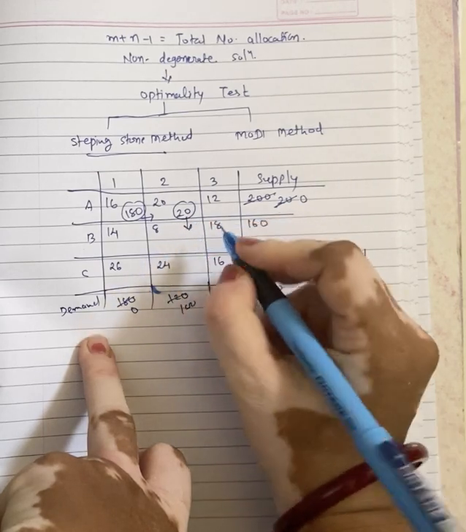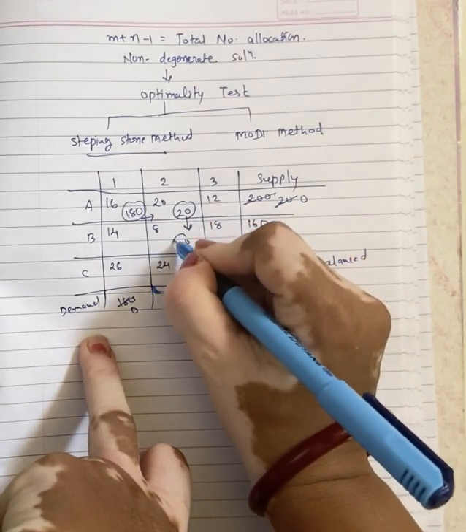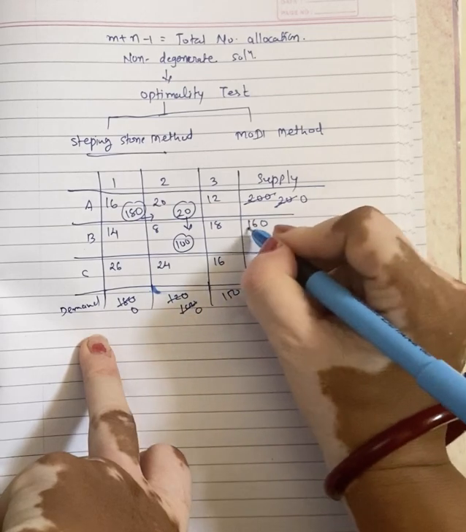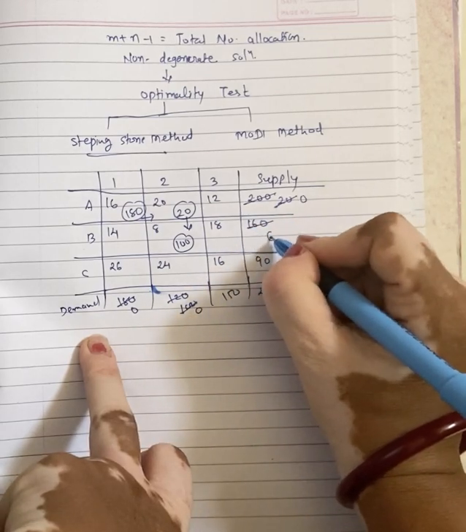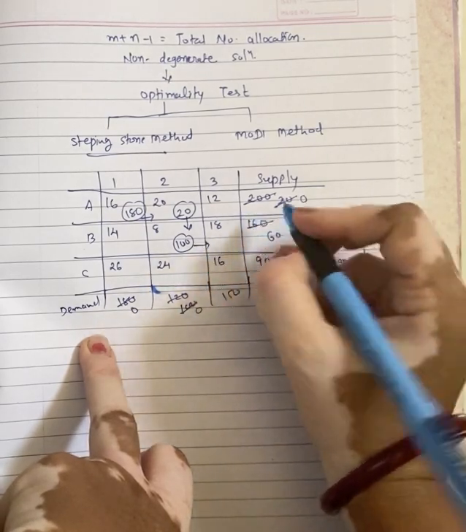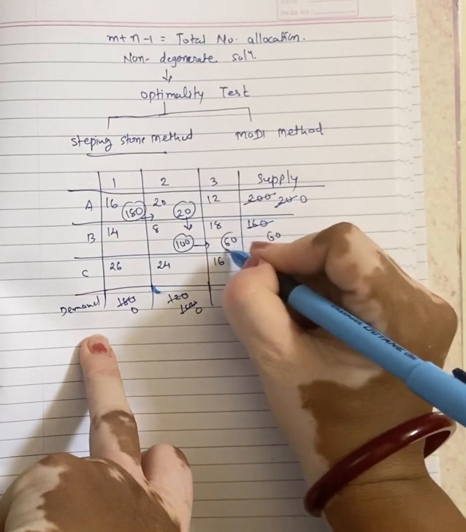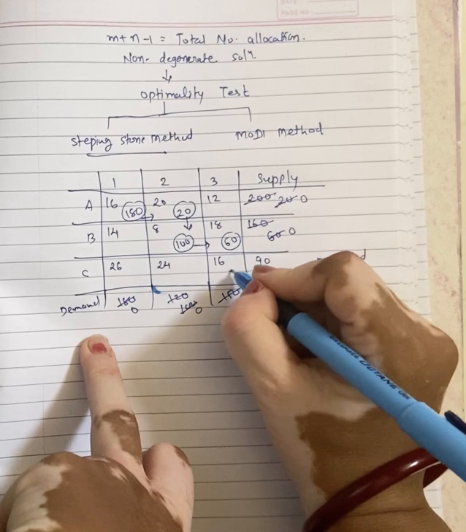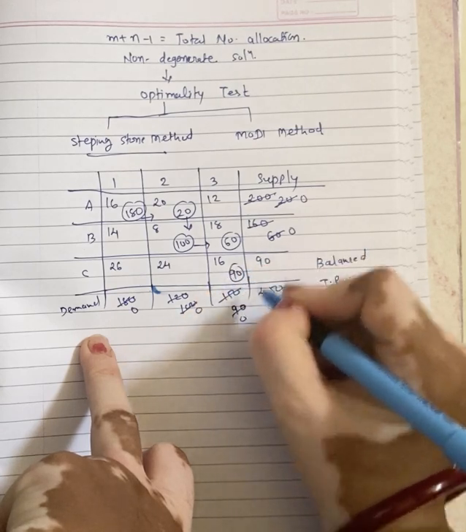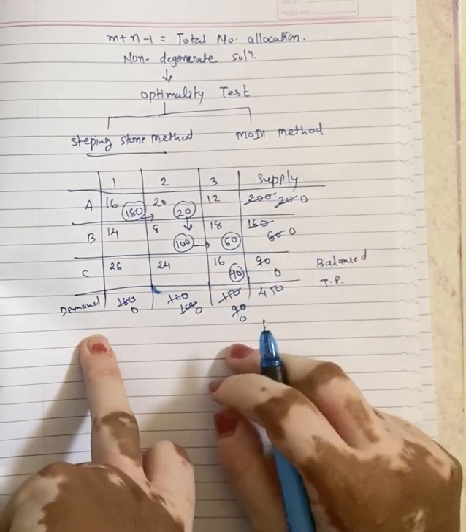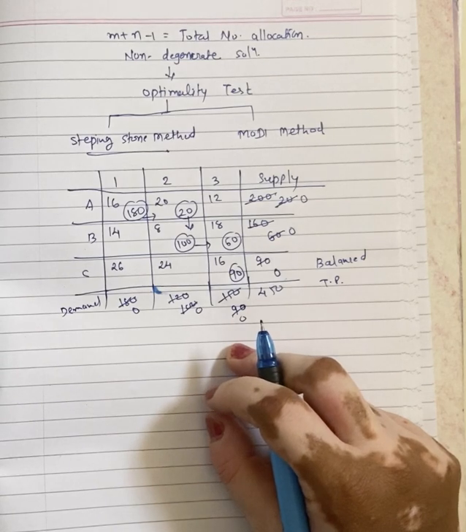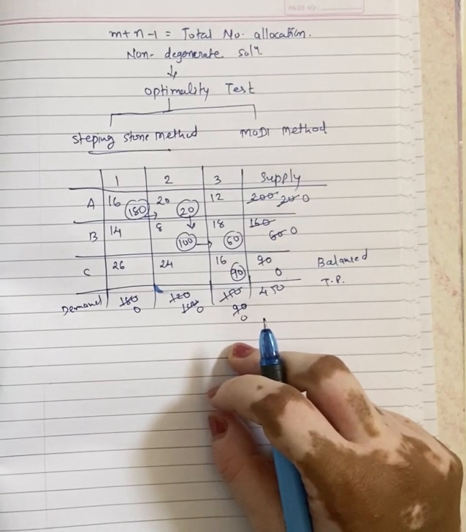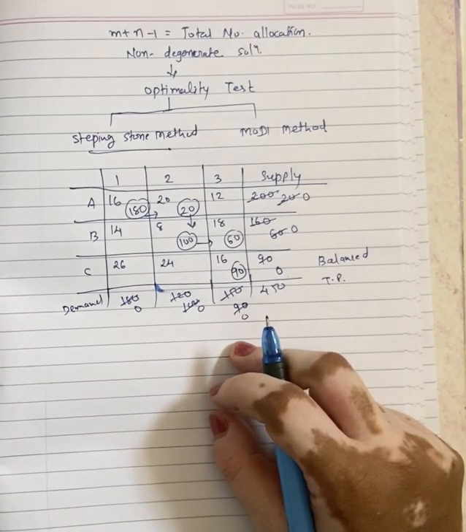Now going to this cell, we allocate 100, so cancel 100 and write 0, cancel 160 and write 60. Now going through this cell, we allocate 60, so it is 0 and it is 90. Allocate 90 here, it is 0 and it is 0. This is the initial basic feasible solution.